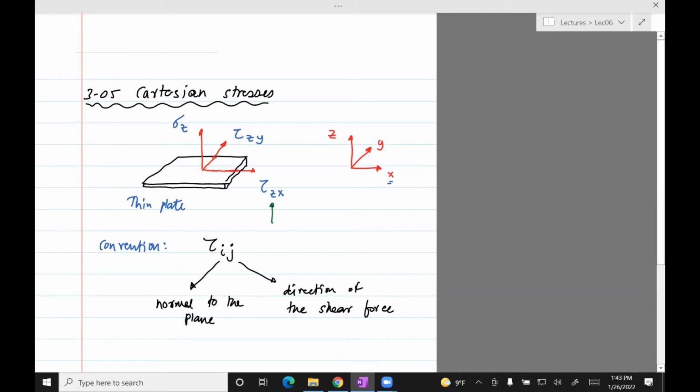That is because this plane surface has a normal in the Z direction. Right, Z is pointing upwards. And then I put X here because it acts along X direction. So following that notation.